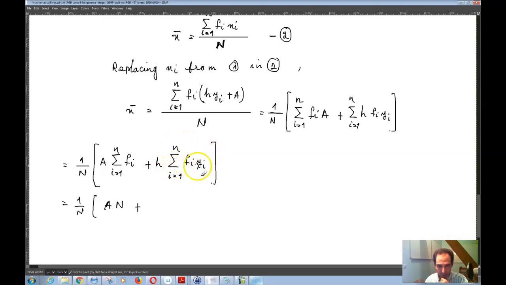That's the same thing as y bar, right? If I write sigma f of i y of i as i goes from 1 to n, and if I divide that by n, that would be the same thing as if I write 1 over n times sigma f of i x of i as i goes from 1 to n.